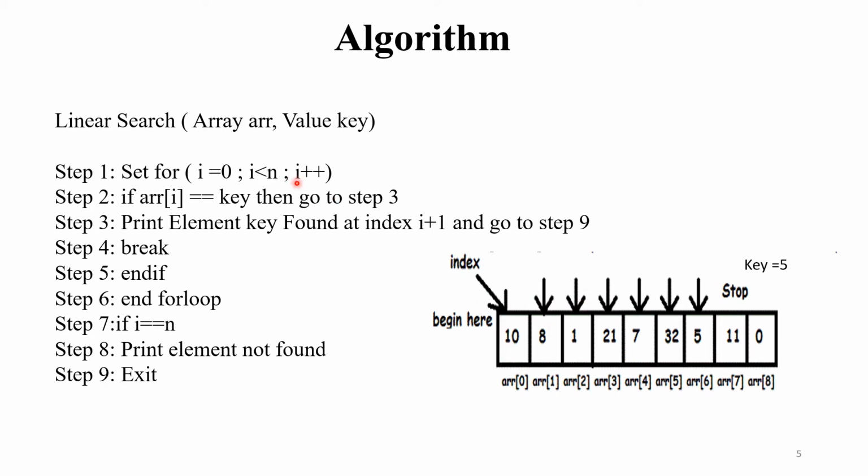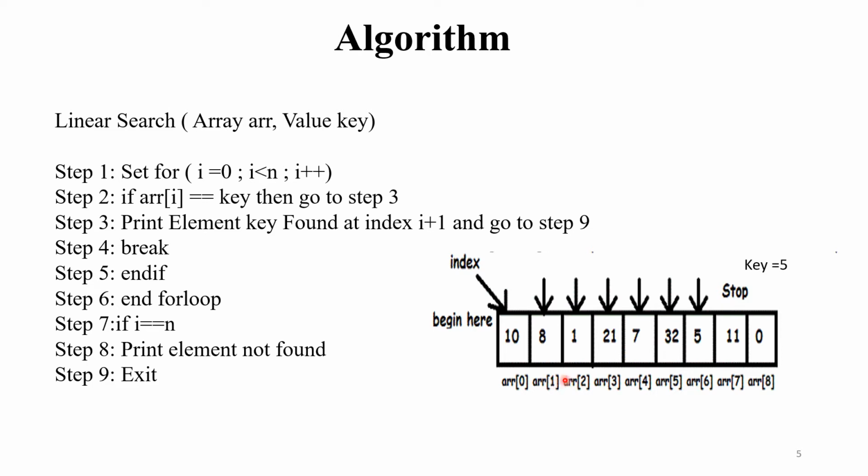Then we increment I by 1. So here I is incremented by 1, so the index I is 1. So array of I is equal to key? Here array of 1 is 8. 8 is equal to 5? This condition is also false.